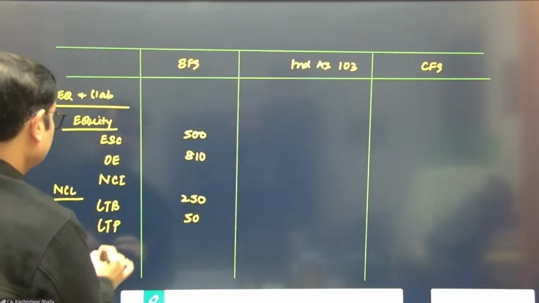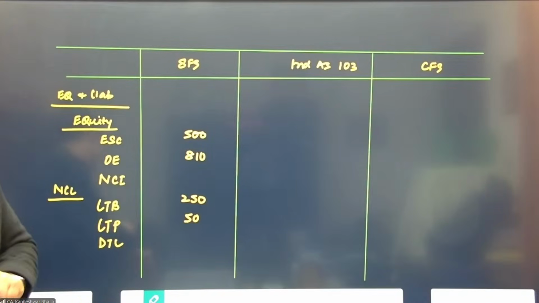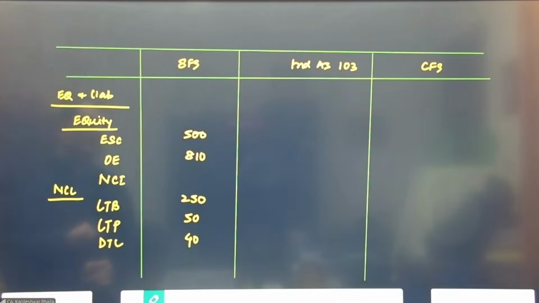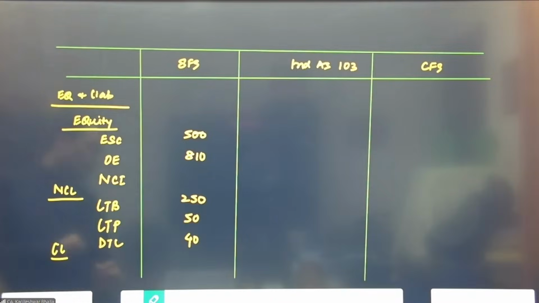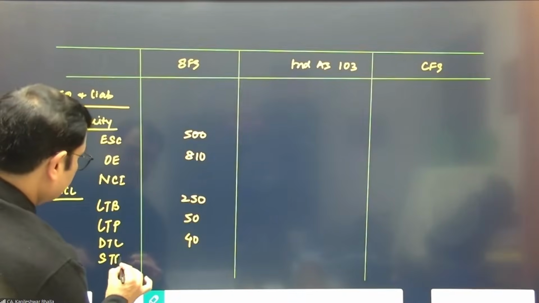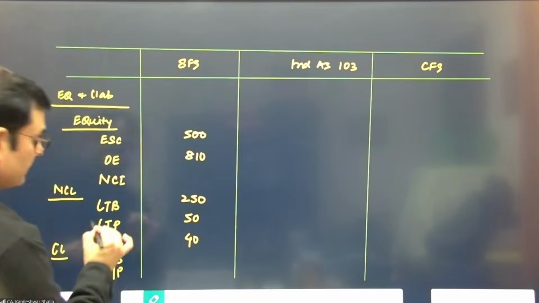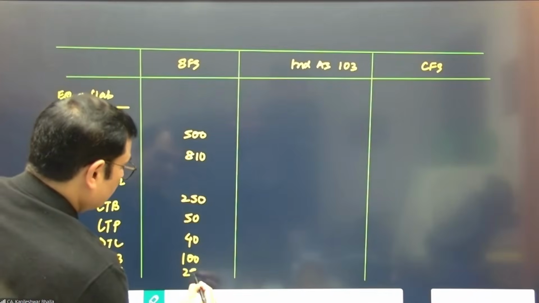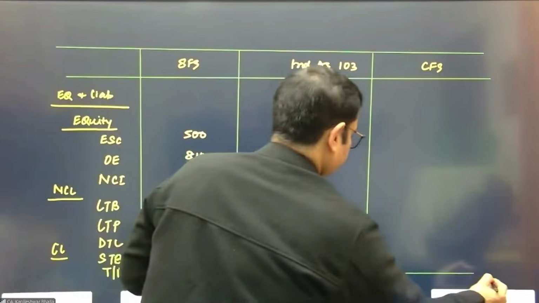And then there is a deferred tax liability of 40. So we'll need a DTA also later. Then in the current liabilities we're given short-term borrowings as well as trade payables, that is 100 and 250. So this gives me the status of the balance sheet.